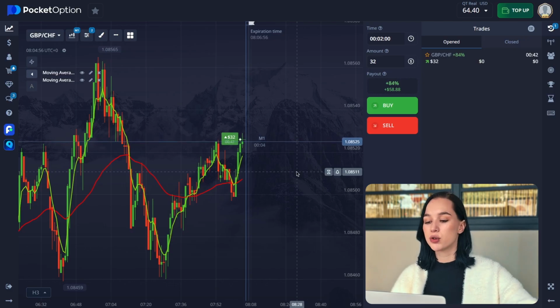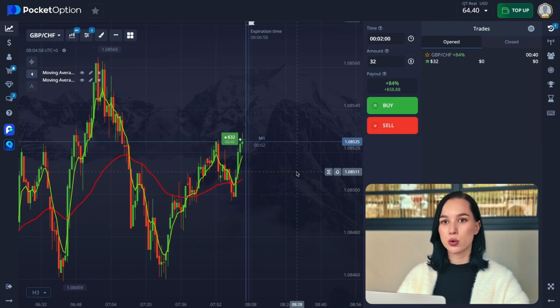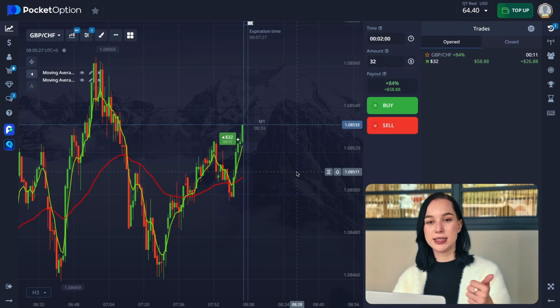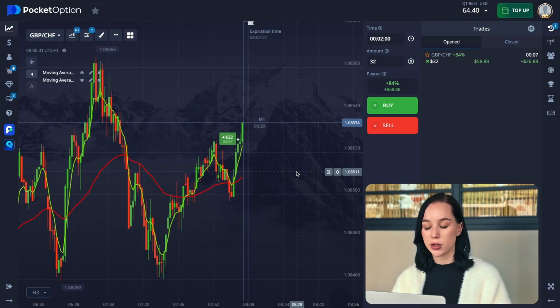Because in trading, it doesn't work like you go to the market on the first day and, boom, you made plus 50% on your deposit, or double your money, especially if you just started. So you need to be realistic and patient, and I think that's one of the main secrets of all the people. Just be consistent and be patient. And also every time learn something new, of course.